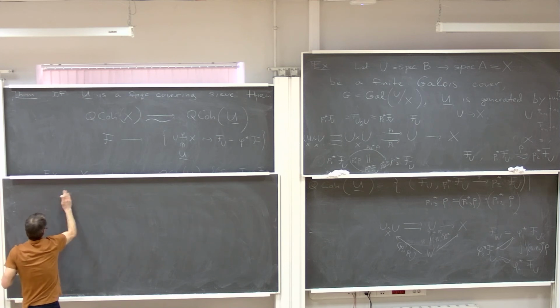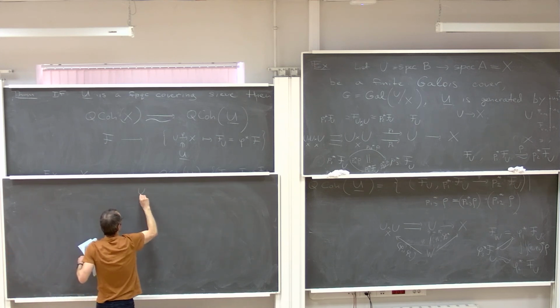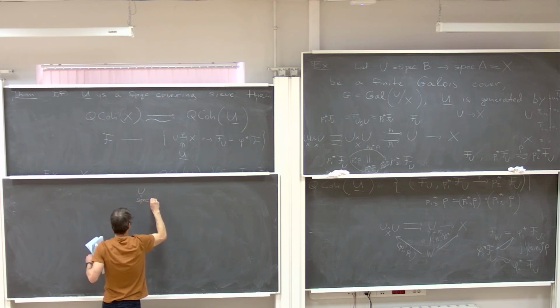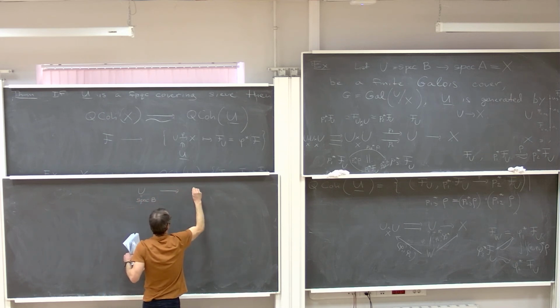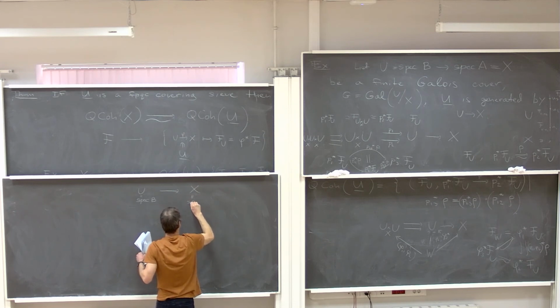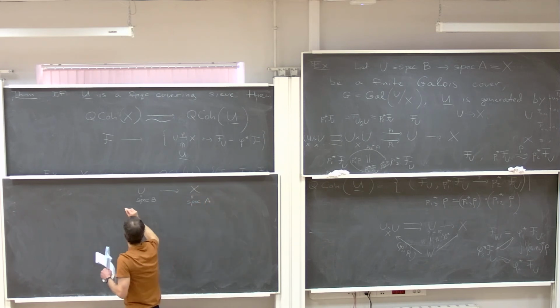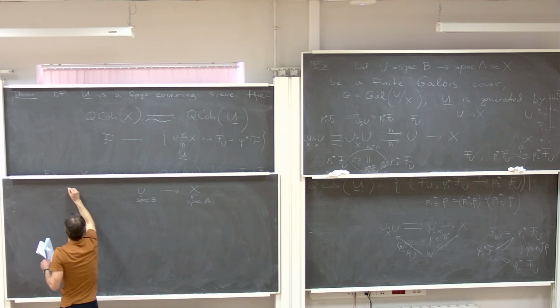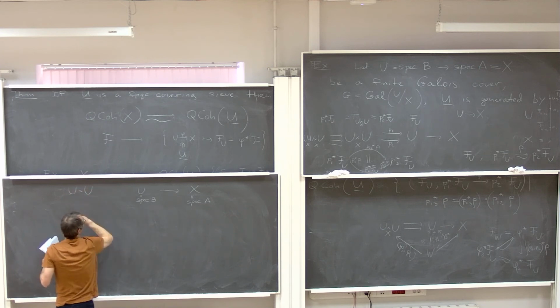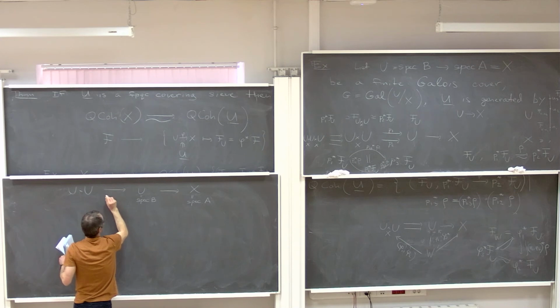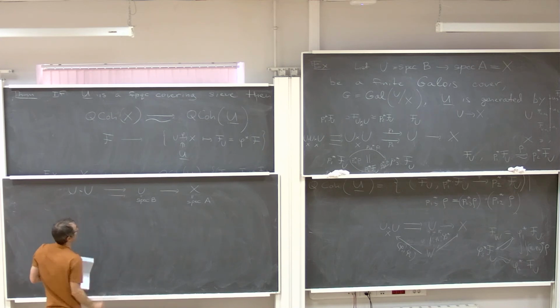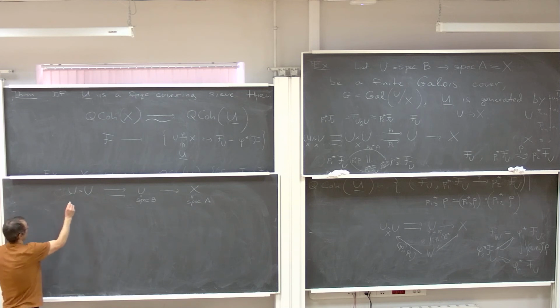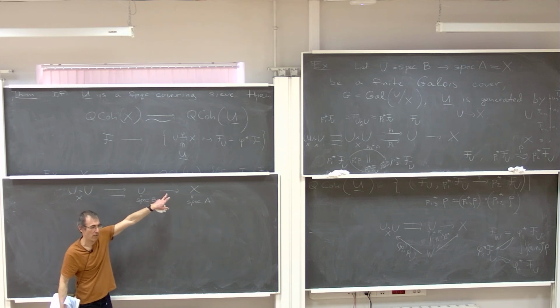We have U, which is Spec B, and this maps to X, which is Spec A, and here we have U times U. And they have two projections. So U times U over X. So now assume that this is a Galois cover. What is U times U over X in terms of the Galois group?